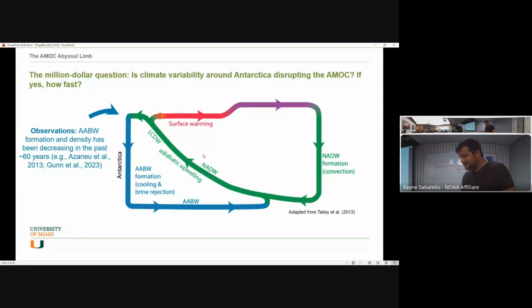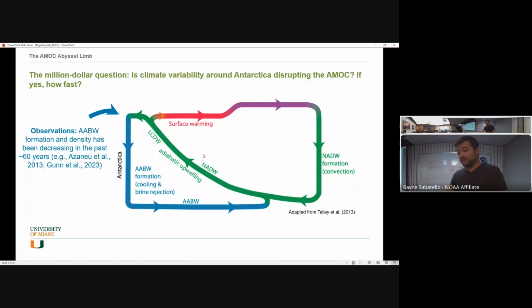And from observations, we know for a fact that the Antarctic bottom water has been changing, at least its properties and its production and formation mechanisms, in the past 60 years or so due to climate change. So Antarctic bottom water has been progressively becoming less dense, and its formation has been decreasing during this time.